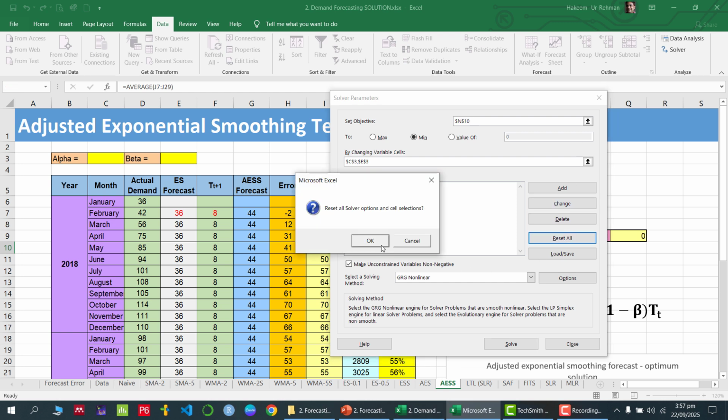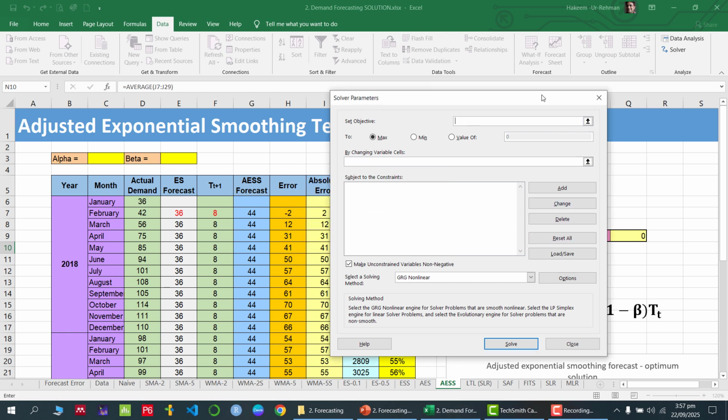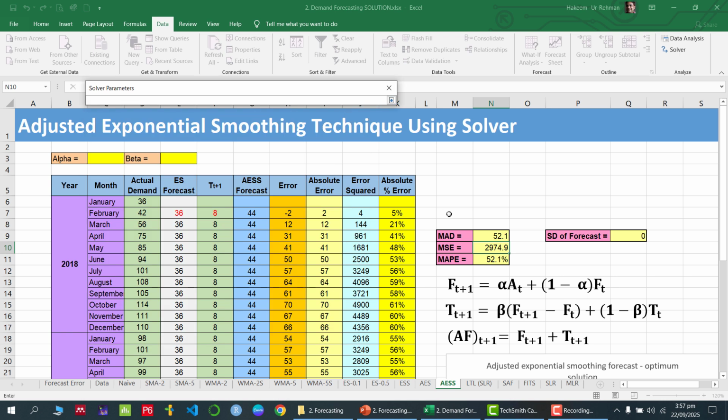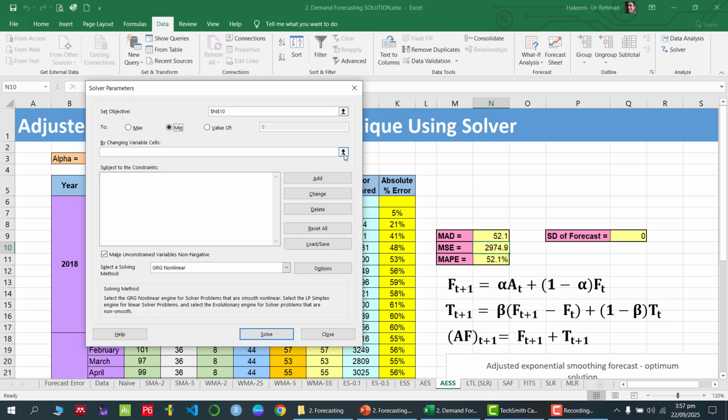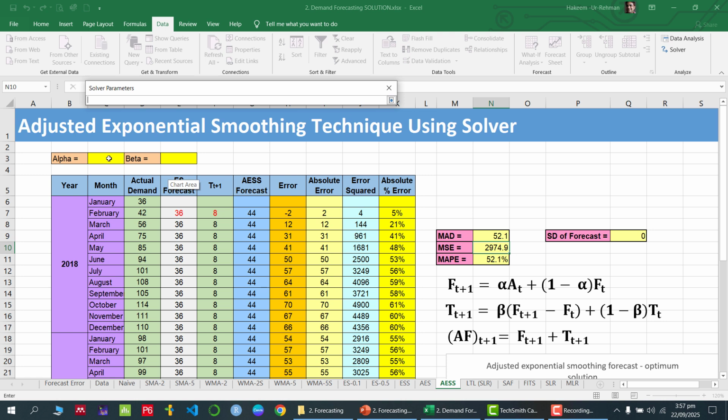Let me reset it, and we are saying what is the objective. We would like to set the objective minimizing mean square error. So mean square error should be minimized. The decision variables are alpha, then comma, another decision variable is beta.